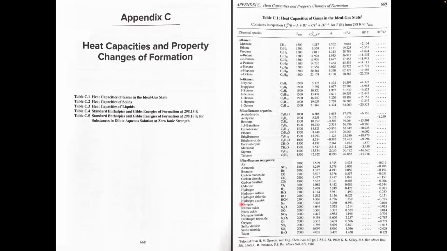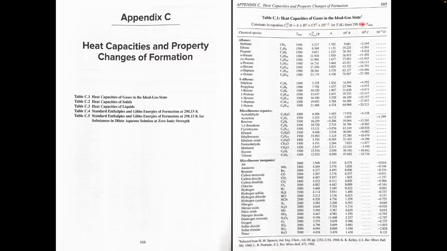All right, so speaking of Cp, sometimes it has a temperature dependence. So this is the appendix table, Table C.1 in our textbook on page 669. Here it gives the heat capacity of gases in the ideal gas state. Sometimes it's a function of temperature, so Cp divided by R is equal to A plus BT plus CT squared plus DT to the minus 2, okay?